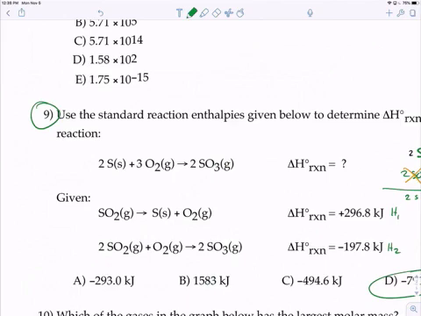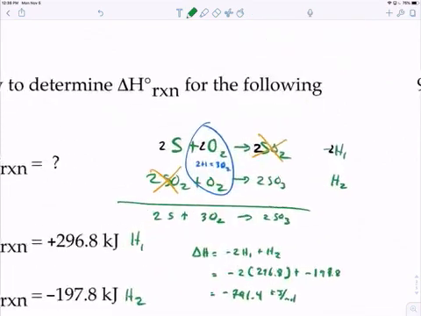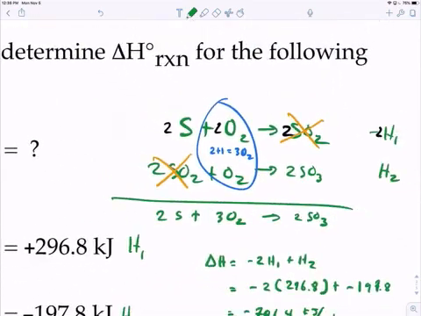So we flip this and turn that delta H into minus H1. And this one here, SO3 is a product, so we keep it like that. Also, O2 is a reactant, so we keep it there. Then we have to figure out what to multiply everything by.